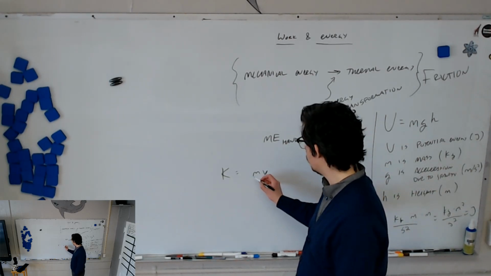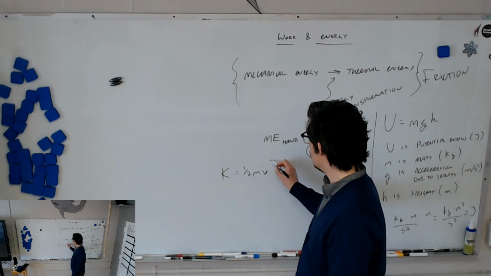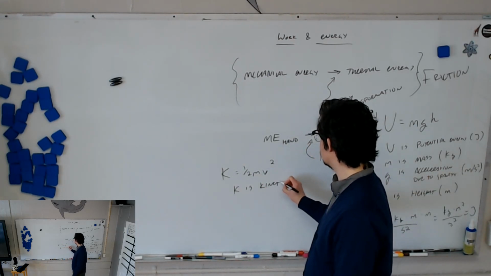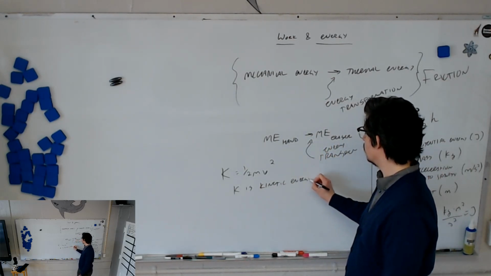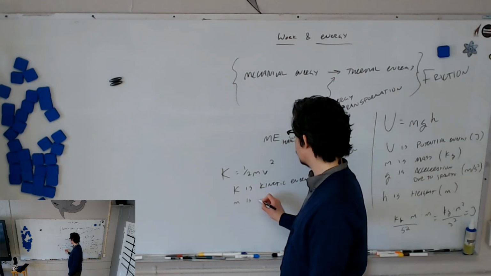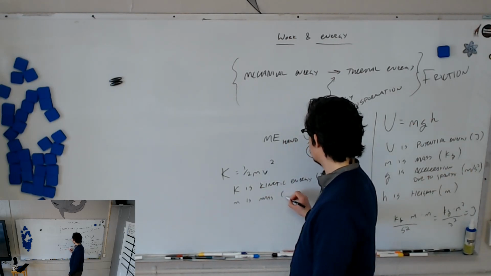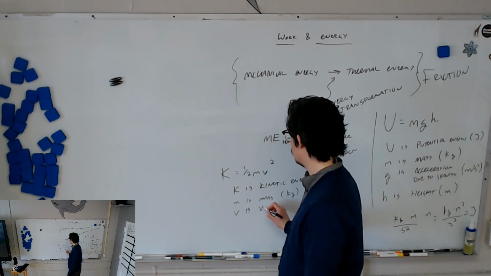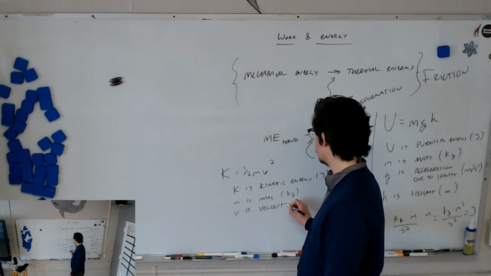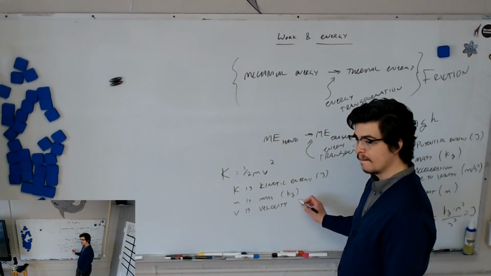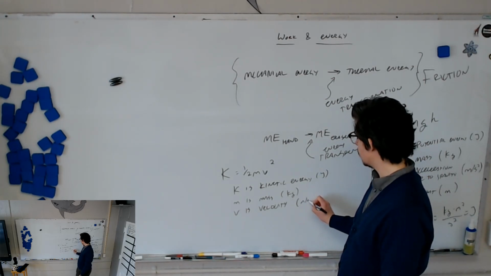But here we have 1/2 mv squared, where K is kinetic energy, measured in joules. 1/2, you know what 1/2 is. M is, once again, mass measured in kilograms, and v is velocity measured in meters per second.